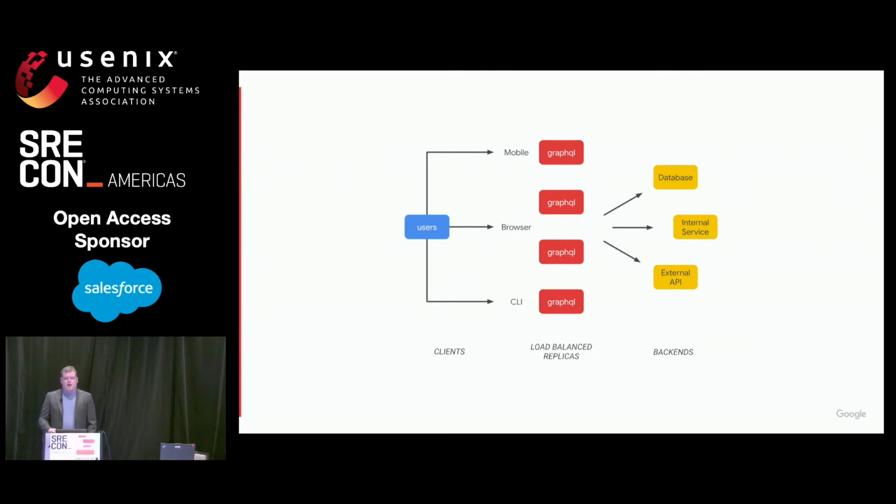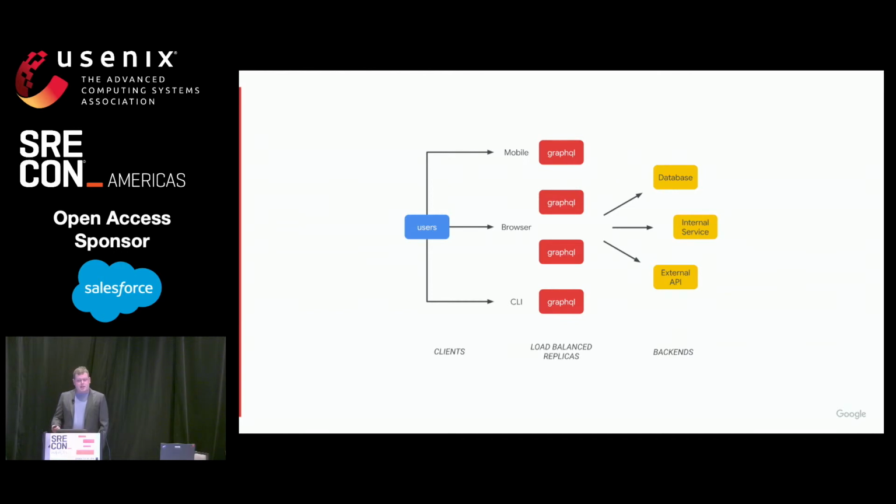Your browser, I have no doubt that you have visited a media website sometime in the last week that uses GraphQL, or you could even use it on the command line as a way to get documentation or to do things. That would talk to a horizontally scaled GraphQL, like a traditional REST API.